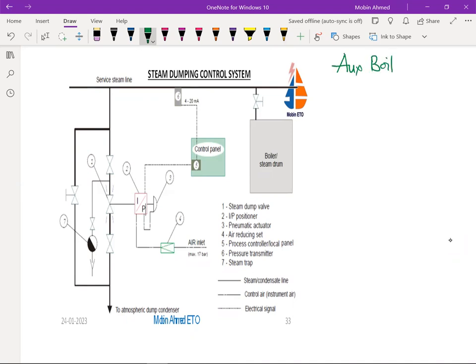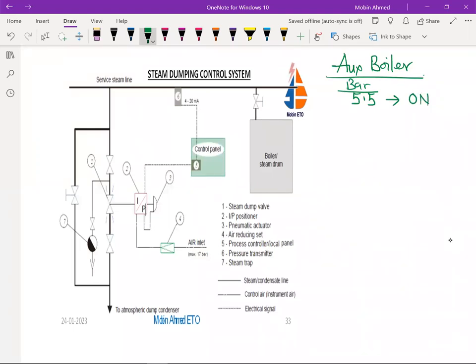As you know, the auxiliary boiler works pressure dependent. So suppose at 5.5 bar of steam pressure, the auxiliary boiler oil fire burner is going to start.